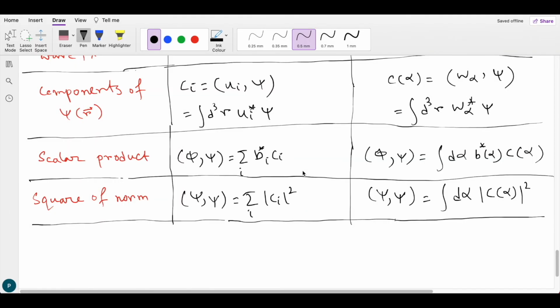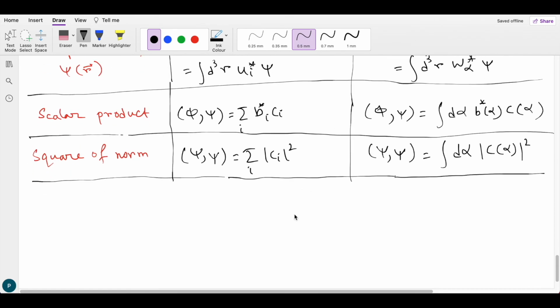Similarly, the scalar product for the discrete basis is the summation over i of b_i star c_i, but in case of the continuous basis we have the integration of d alpha B star C. Similarly, the square of the norm for the discrete basis is the summation over i of c_i square, but in case of the continuous basis it's the integration d alpha C alpha square.